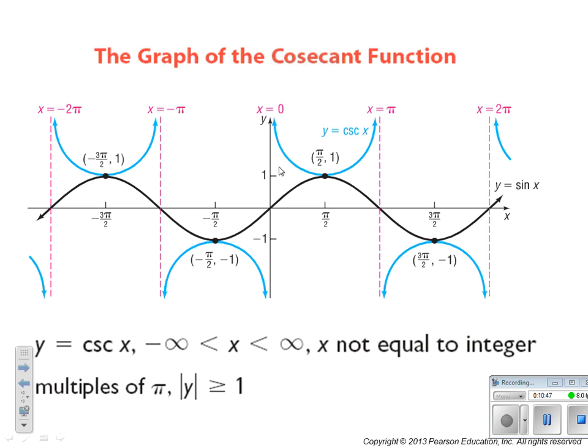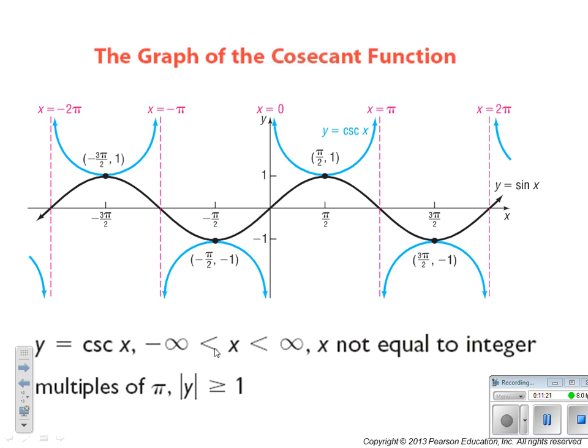Our asymptotes fall at pi, 2 pi, negative pi, 0, and negative pi over 2. All the places where sine is equal to 0, we're going to have an asymptote. If you forget, you can just draw the sine function real quick and go, okay, all those places where sine is equal to 0, I'm going to have an asymptote. Draw those in.